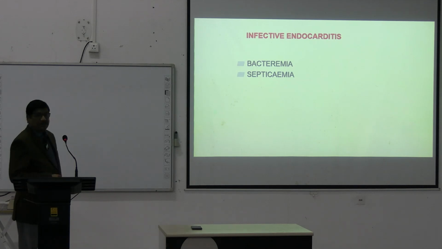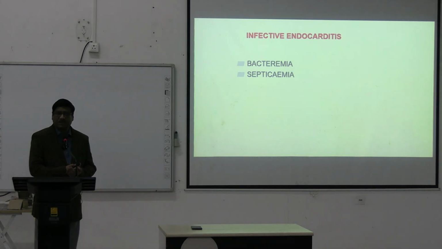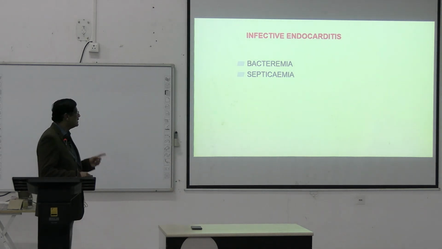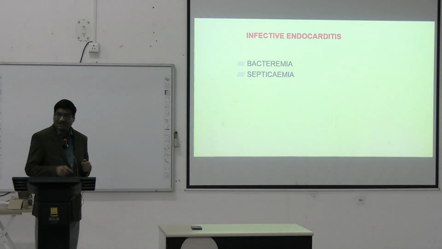What is bacteremia? When bacteria are present in the circulation but not in a reproducing stage. So simple presence of bacteria in the system is bacteremia, and multiplying organisms in blood is septicemia.